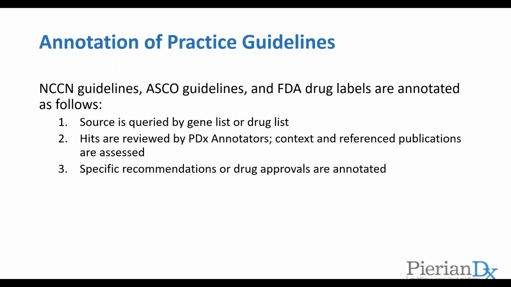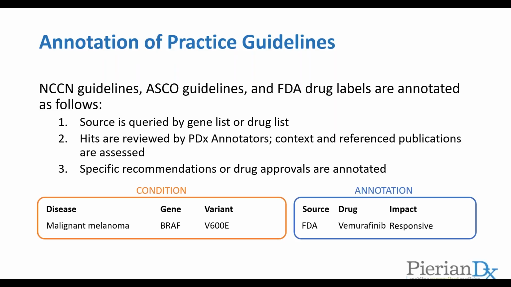ASCO treatment guidelines or practice guidelines come basically from articles written in JCO. These are clinical opinions or provisional clinical opinions. So we are, again, searching these documents as they come out in order to pull out the useful information and create additional discrete logical rules that can fire and infer content in your reports or within the variant details page, at least for your review.